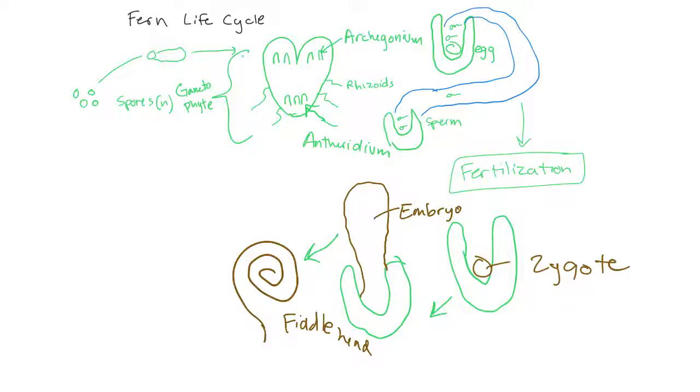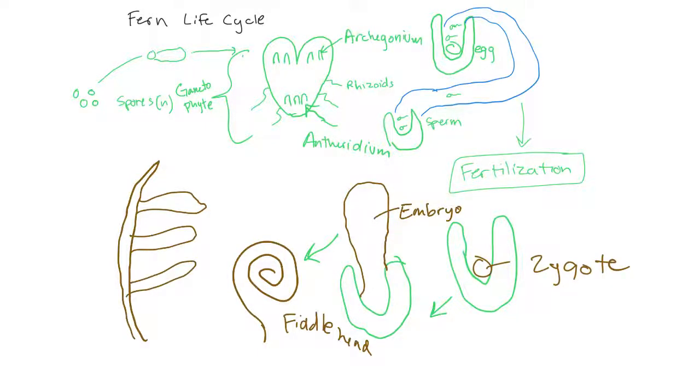And then the gametophyte isn't needed anymore. It'll mature into a sporophyte. And this is now called a frond.